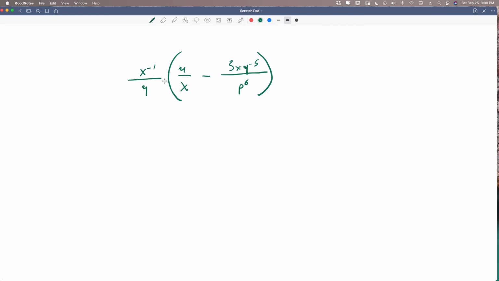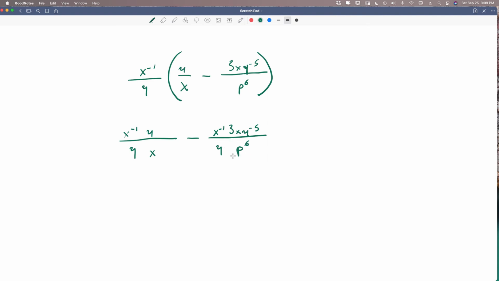So now we're going to multiply. We're going to say x to the negative 1 over y. And then we have y, and then we have x, right? Minus, and then we're going to put our x to the negative 1, y, and then our second fraction. And then p to the 6. There we go.